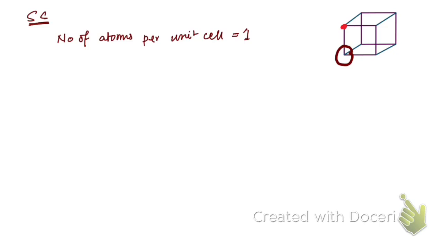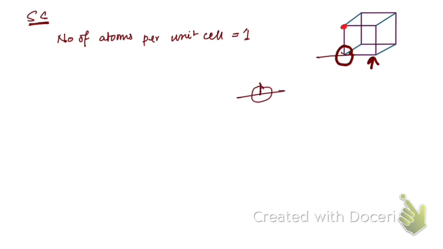this atom is shared by 8 unit cells, okay, 8 unit cells, because upper part of this atom will be shared by 4 unit cells. The upper half will be shared by 4 unit cells.